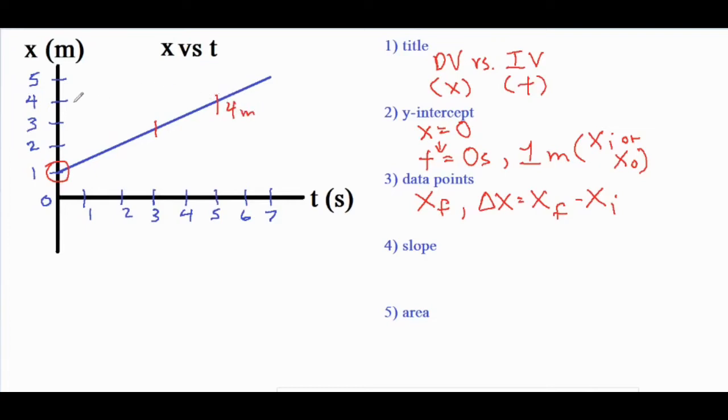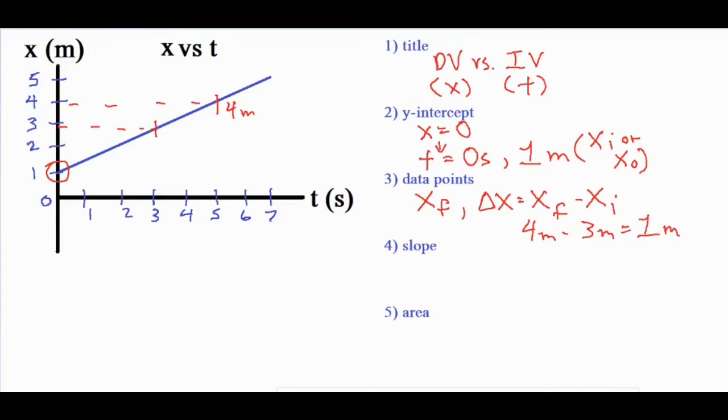If we take a look across over here, at 3 seconds, it is at about 3 meters. So technically you would take 4 meters minus 3 meters, and that's equivalent to 1 meter. That is how you would find a delta x, a change in position. You would usually do that from probably 0 to 7 seconds, so you can get an idea of how far the position has changed from the very beginning to the end.